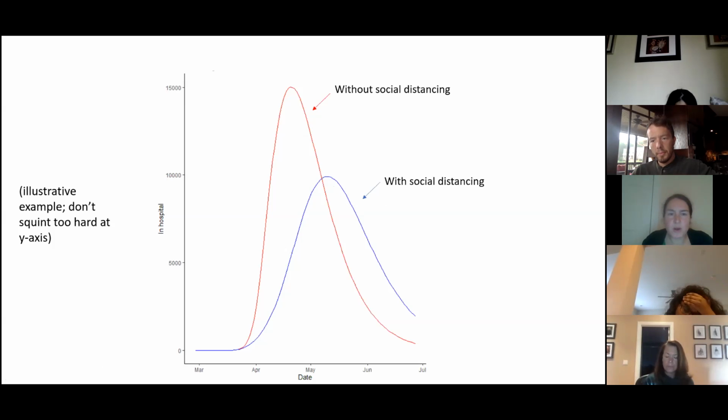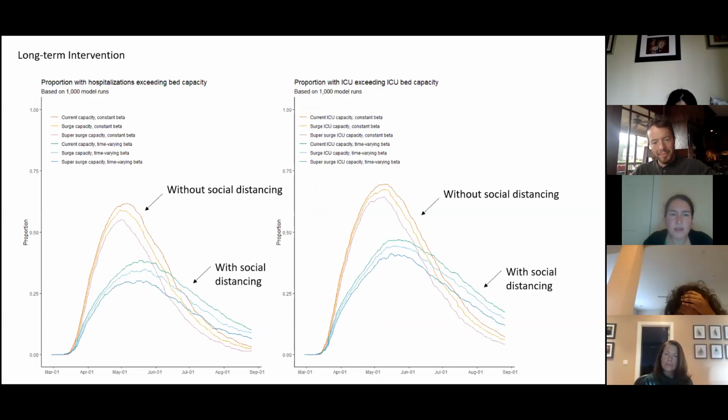We also worked to map this to hospital capacity across lots and lots of different model runs, and translated this into the probability that we would outstrip hospital capacity. The panel on the left is just general hospitalizations, and the panel on the right is ICU hospital capacity.